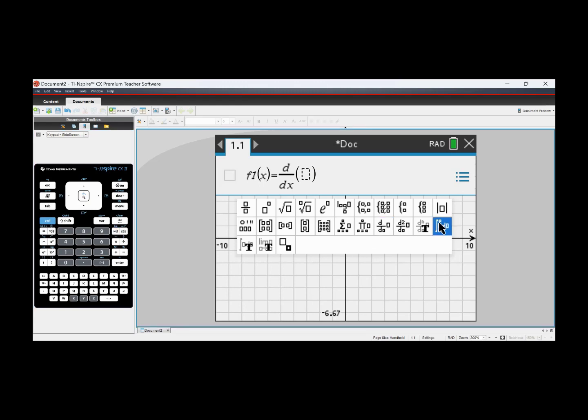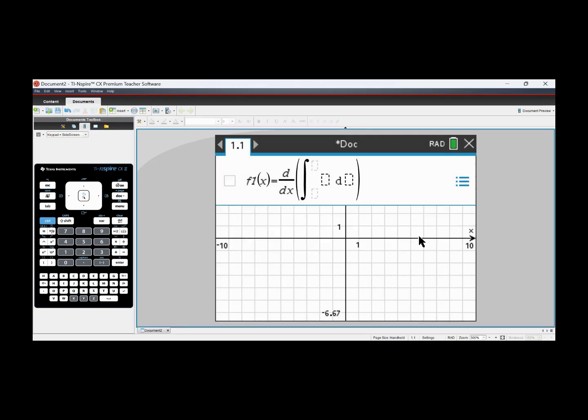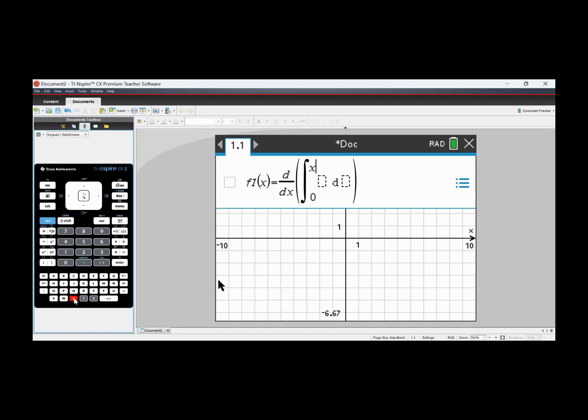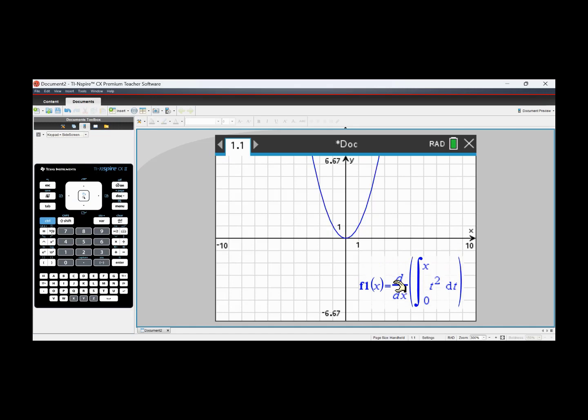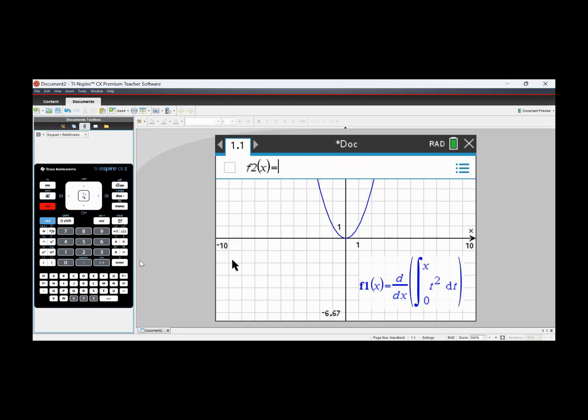So we're going to do the integral from, and we're going to use the constant 0 first. 0, tab up to x of, and we're going to tab, and we're going to use the function x squared, but we're not going to put in x's, we're going to put in t's because you don't want to use x twice. So we're using a different variable. Tab and then another t, okay? And then I'm going to arrow down. Notice there's the graph. Notice it is just the function x squared.